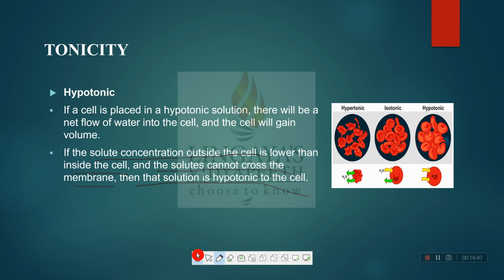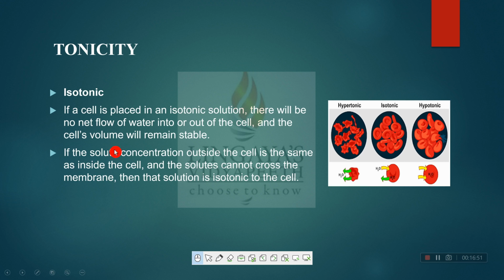Now talking about isotonic solutions. Here in this picture you can see that if a cell is put into an isotonic solution, it will remain as it was, because there will be no net flow of water into or out of the cell, and the cell's volume will remain stable.